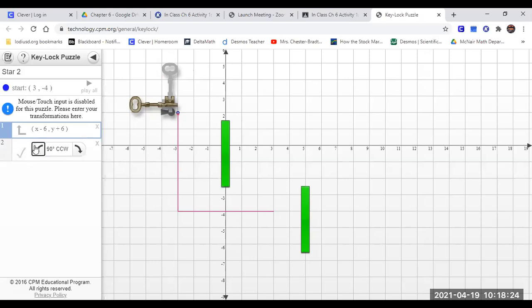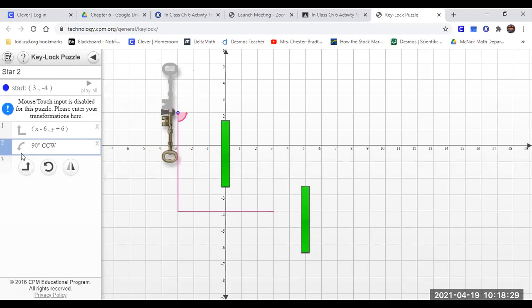So if we go left, okay, we'll go left. Now what? Could we have gone right? Yeah, we could have gone right and flipped or left and flipped.